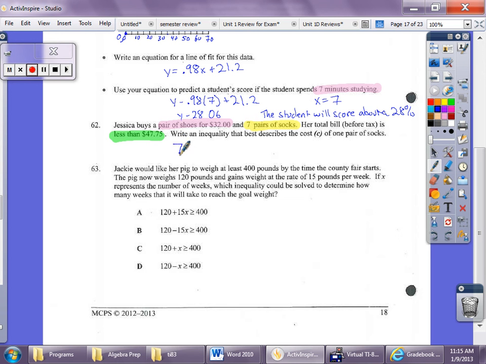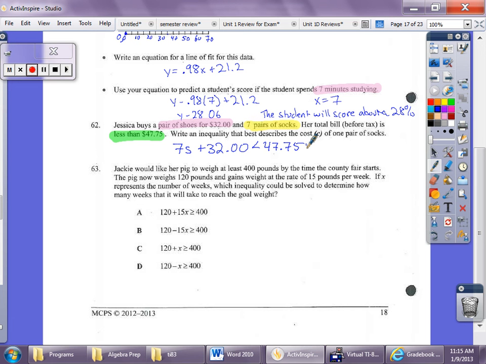So 7 pairs of socks plus our shoes is less than $47.75. That best describes the cost of 1 pair of socks.